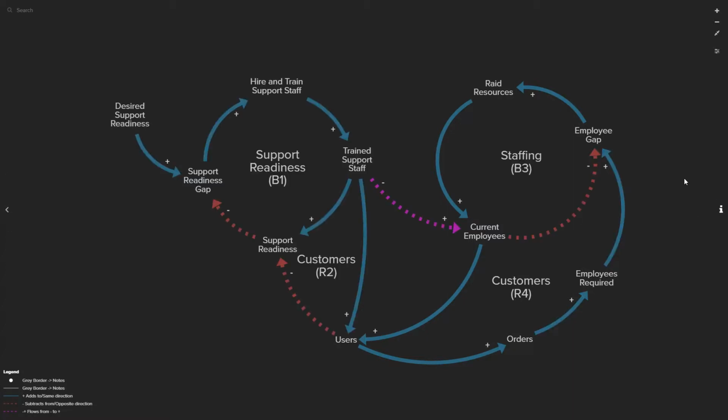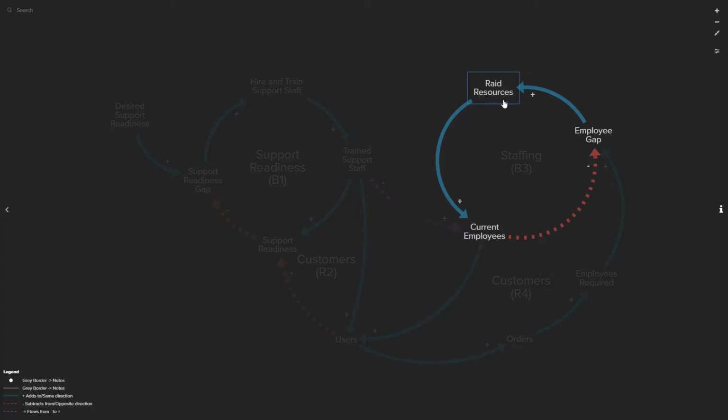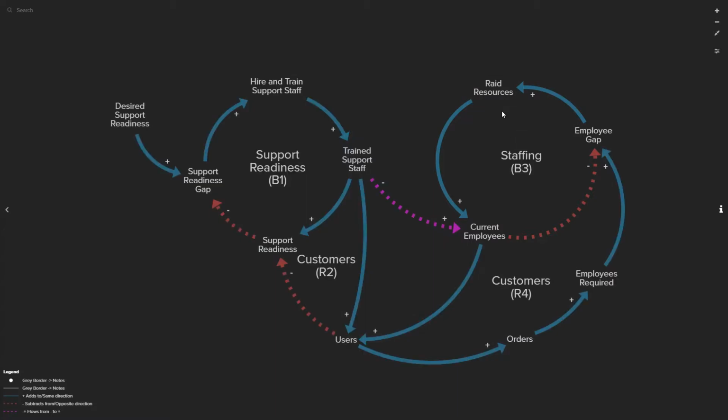So overall, we have a structure where support's life is miserable to start with, and the rest of the organization is making their life more miserable on an ongoing basis because it's stealing their employees. And as this is developed, it's simply from point to point continuing to ask the same question: what does this influence and what influences it?